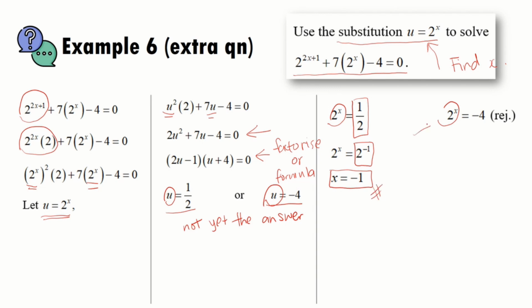Now let's take a look at the second equation. Why is it that I have to reject it? If you were to substitute x with any value, positive, negative, fraction also possible, we will find that 2 to the power of x will actually always be positive.